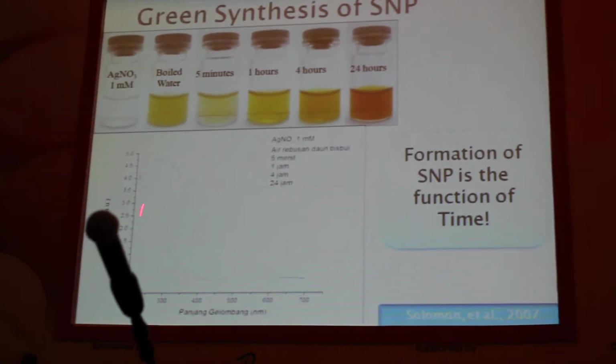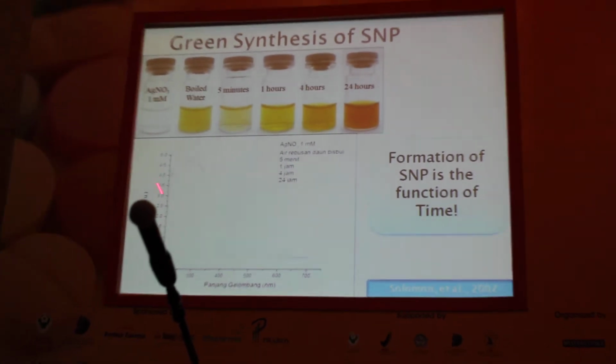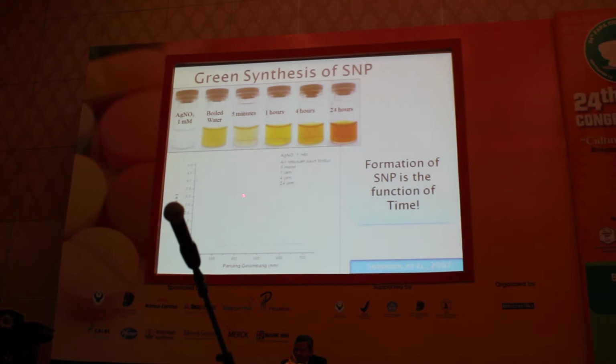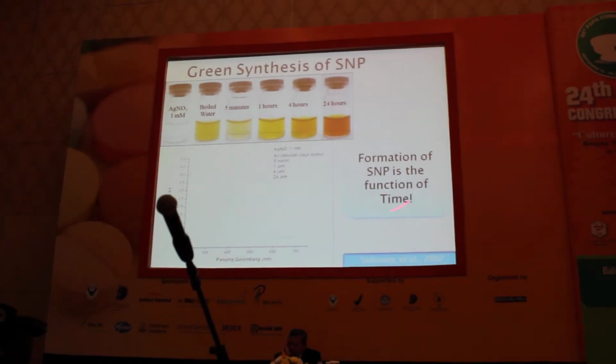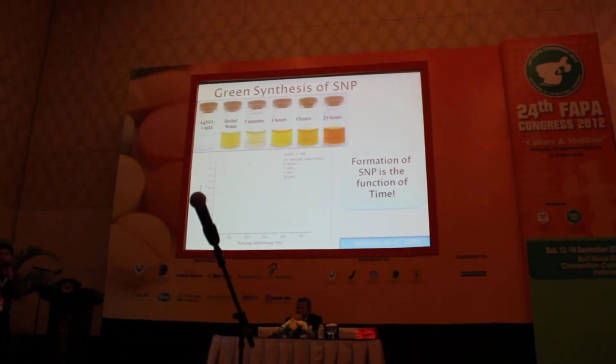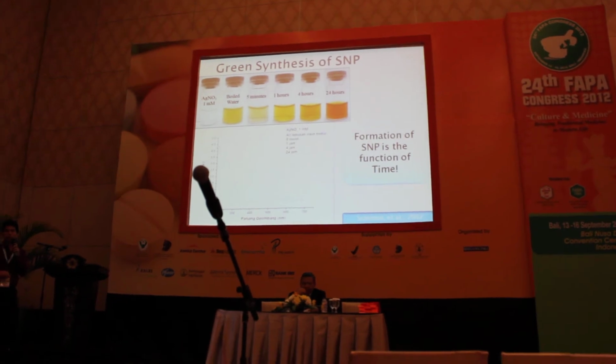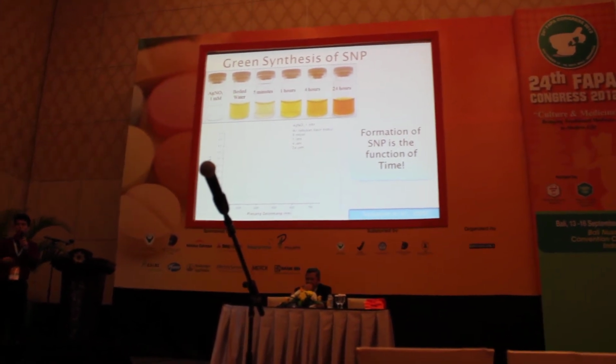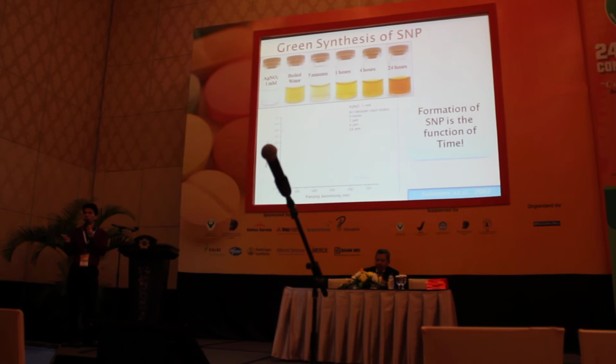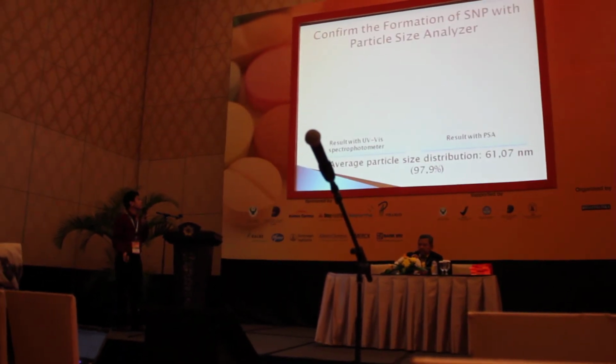And from the peak overlay, we see that the formation of silver nanoparticles is a function of time, and it needs 24 hours to make silver nanoparticles with the reaction of boiled water and velvet apple leaves.